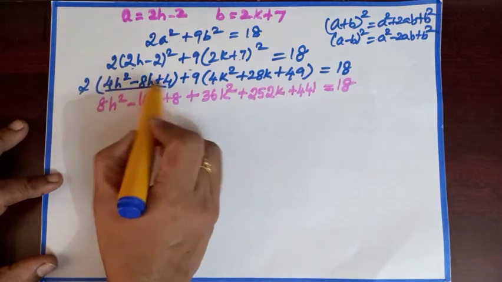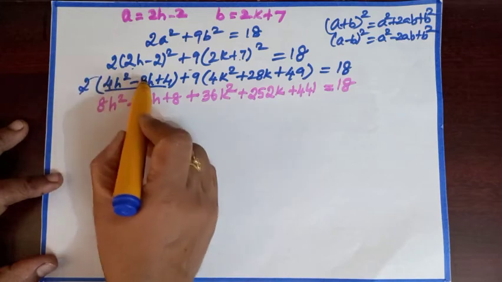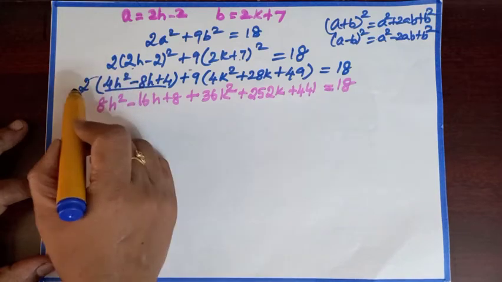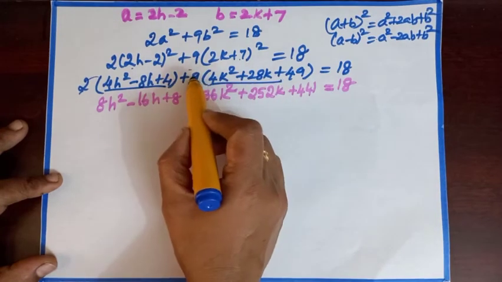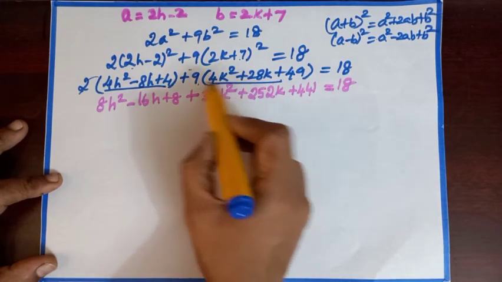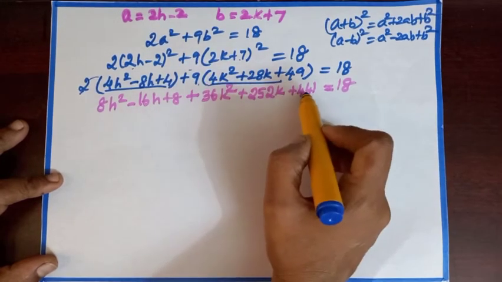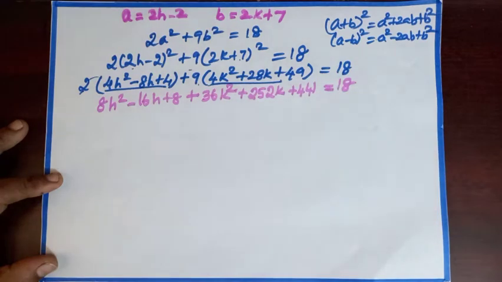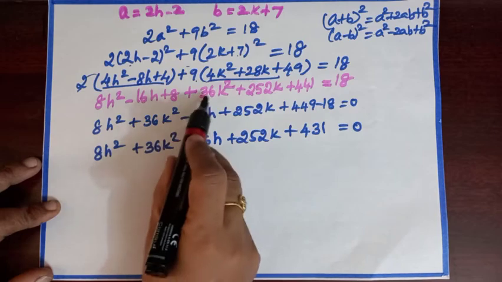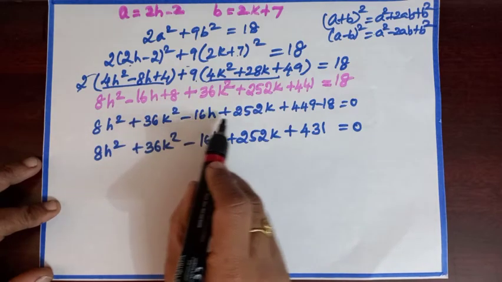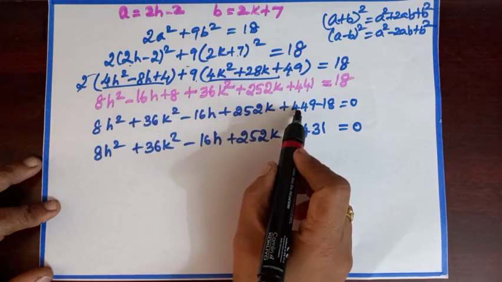Now I am going to multiply the first one with 2, then we get 8h² - 16h + 8. I am going to multiply the second one with 9: 36k² + 252k + 441 = 18. So 8h² + 36k² - 16h + 252k + 449 = 18.